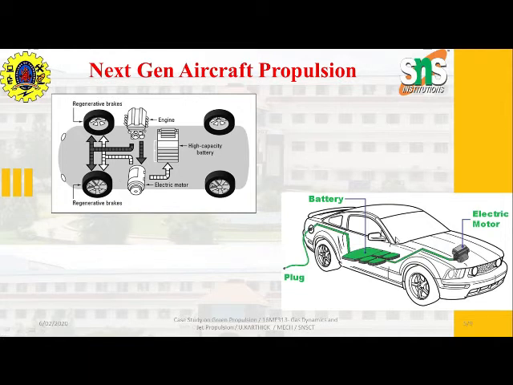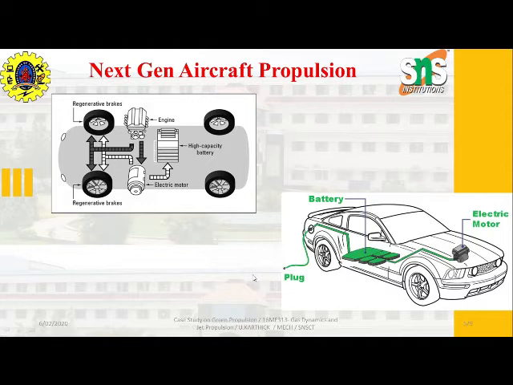In a battery car, it is only battery and electric motor. So we don't need any IC engine to propel the vehicle. Here the power supply comes from a plug-in, either from charging stations, like we have petrol bunks.